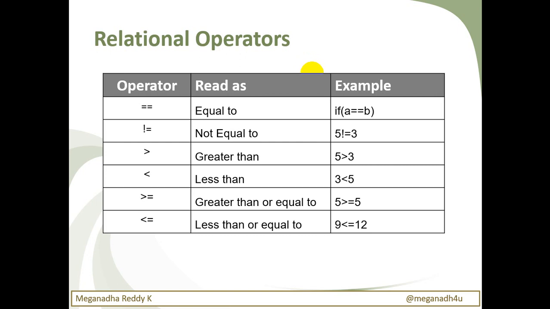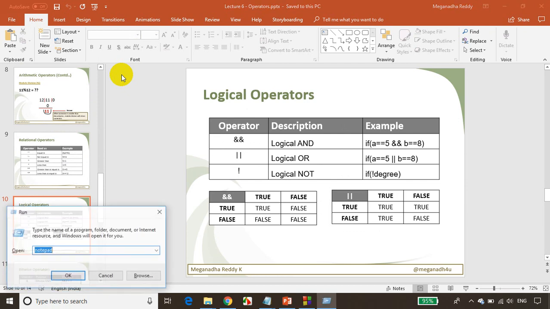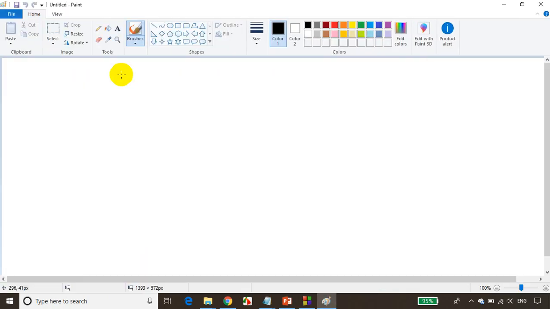The next thing is logical operators. Logical operators are normally used in writing some logic. Let's take, for example, you are writing software for a retail company, say Walmart. In that case, you need to provide a discount.